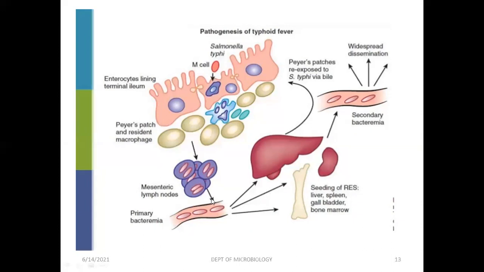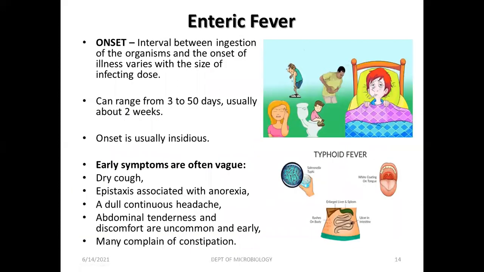From the mesenteric lymph node, they reach the bloodstream, causing primary bacteremia. From the bloodstream, they disseminate to various organs like kidney, bone marrow, gallbladder, spleen, and liver, and from there they again reach the bloodstream, causing secondary bacteremia. Then there is widespread dissemination of this organism to other organs, and the onset of clinical manifestation of enteric fever.